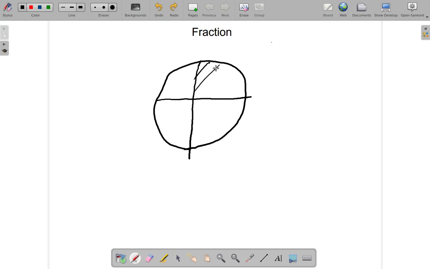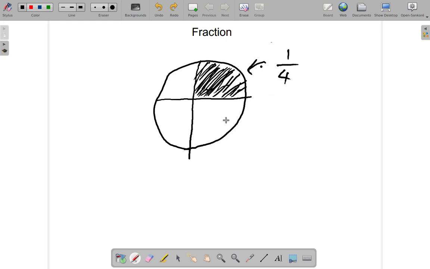When I shade here, or if I say this is an entire bulla cake and I get this portion, out of 4 of us sharing it equally, I would get 1 out of 4. The numerator is 1, the denominator is 4. So there is 1 part, numerator, out of 4 equal parts available, the denominator. So I get 1 part out of the 4.